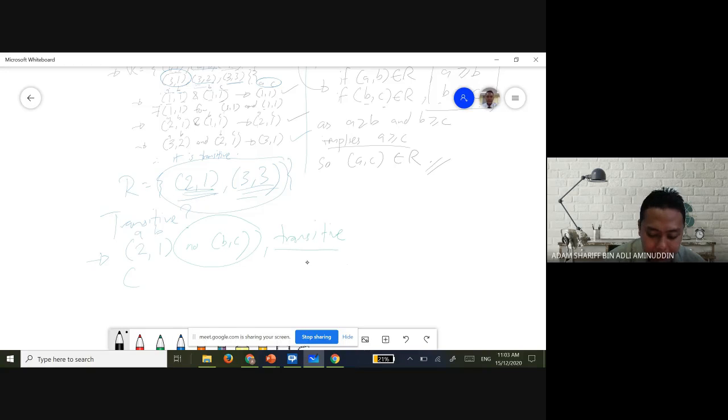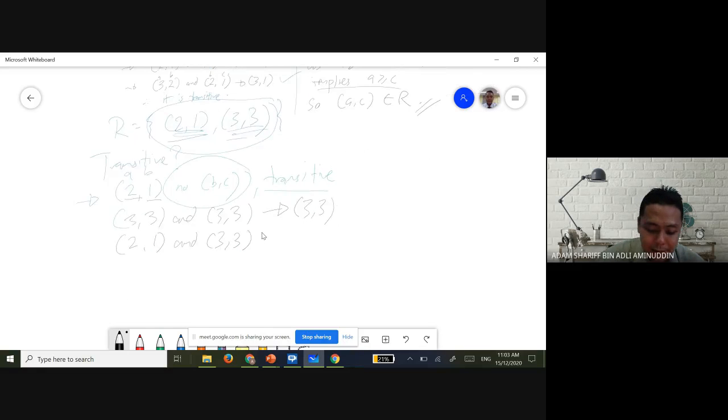Kalau 3-3 ada kan, 3-3 and 3-3 jadilah 3-3. Bagus tak soalan kawan-kawan tanya ni? Sebab ada student confused, kalau 2-1 3-3 tak sama. Kalau 3-3 kita tak boleh compare. 2-1 cannot be comparable with 3-3. Cannot, because it is not the same B. Ni 1, ni 3, tak boleh.